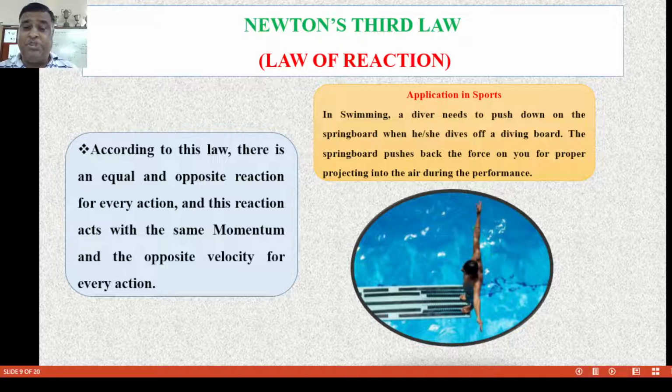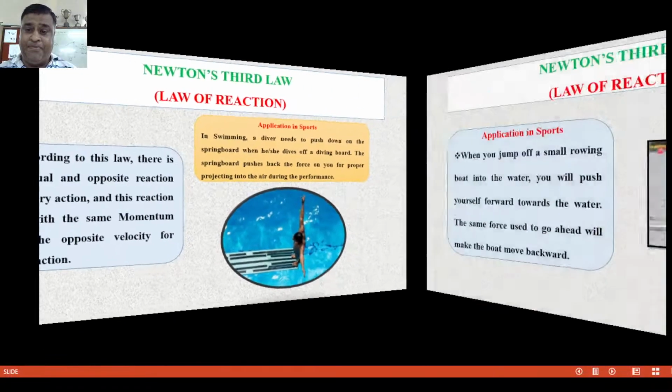The springboard pushes back with force, giving proper projection into the air, and during that performance points are given, so that if they push very well, they enter the water in a proper manner.